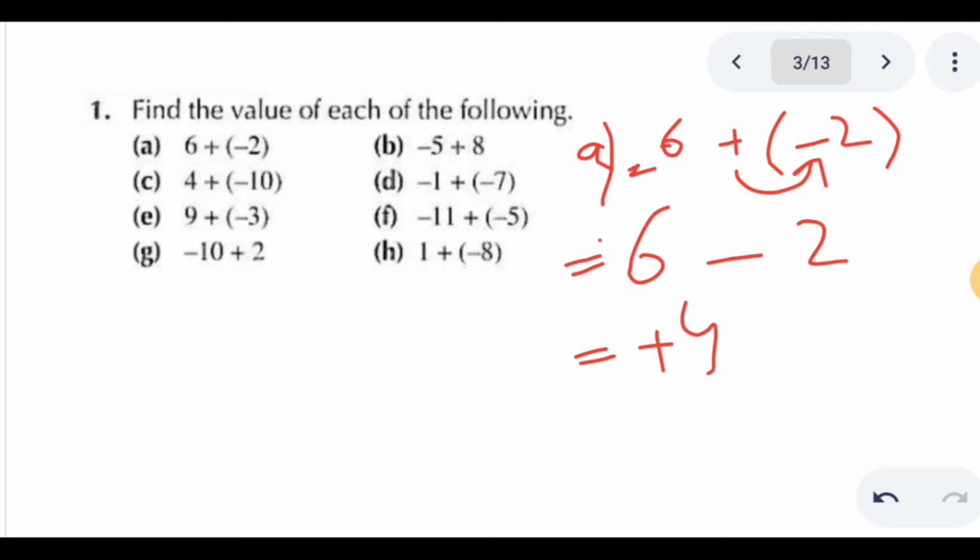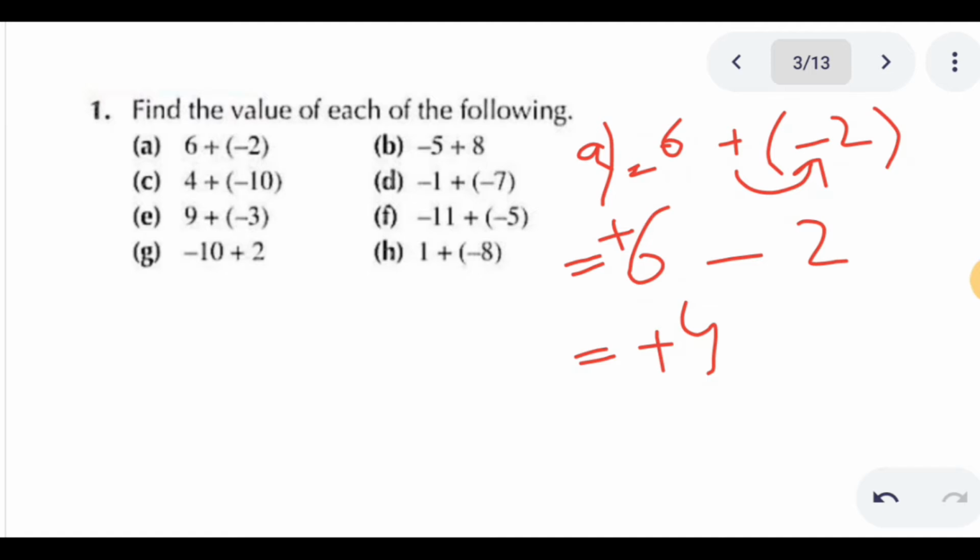First, the decision whether we have to add or subtract this number is based upon the rules that we have learned earlier, that plus minus is minus. If there is no sign with the 6, it means there is a plus with this 6, and plus minus again means we have to subtract.